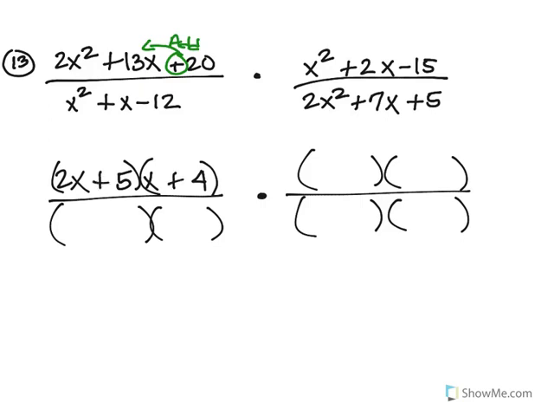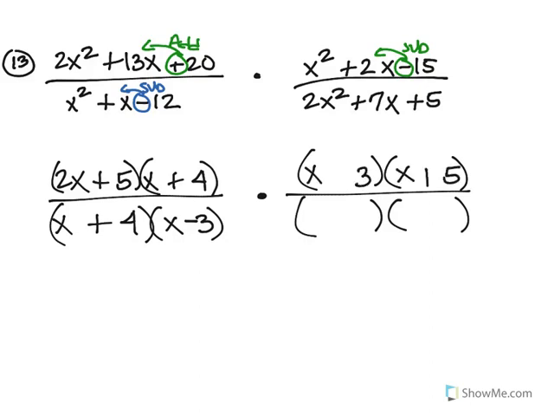Good deal. On the bottom, we're subtracting to get that 1. 4 and 3, who's positive? 4, 3's negative. Good. On the top, we're subtracting to get 2. Who? 3 and 5, who's positive? 5, 3 is negative.